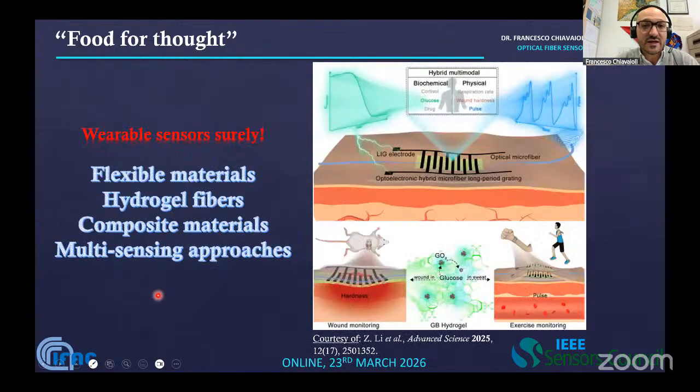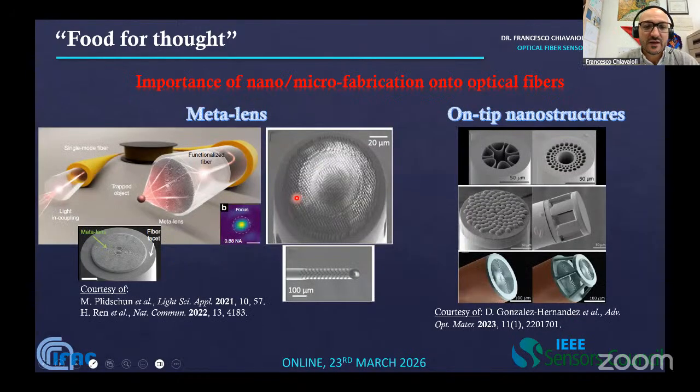Another interesting example is related to the development of wearable sensors based on flexible materials, hydrogel fiber, composite materials, or multi-sensing approaches. Clearly, the progress related to micro-nanofabrication on optical fiber, but in general also applied to chip or silicon planar sensors, has increased a lot the possibilities for this kind of devices.